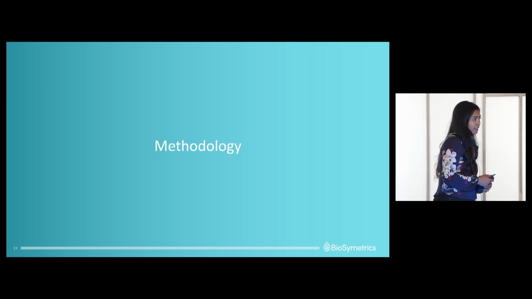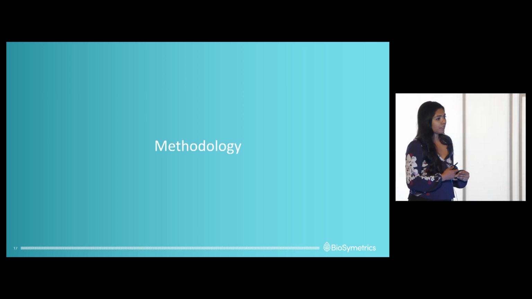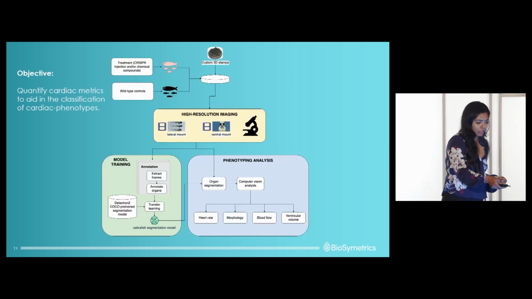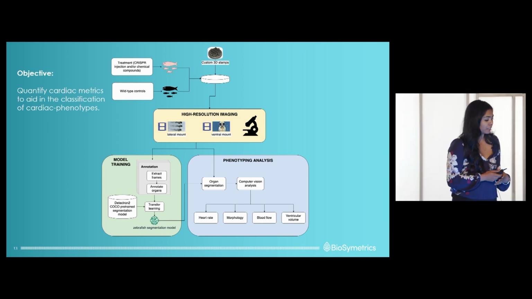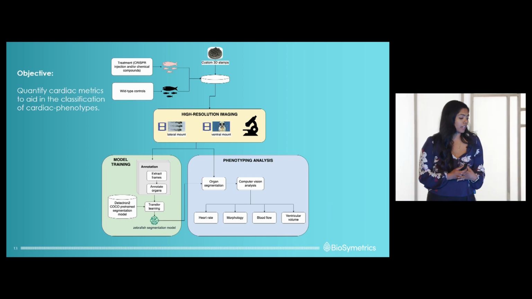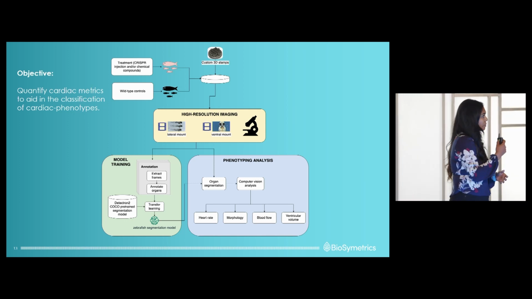So the overall methodology is what we're going to be speaking about next, and this includes the 3 components that I spoke about earlier. So first, our objective is to quantify a cardiac metric to aid in the classification of cardiac phenotypes. So first we have our custom stamps at the very top. That helps us orient the fish.